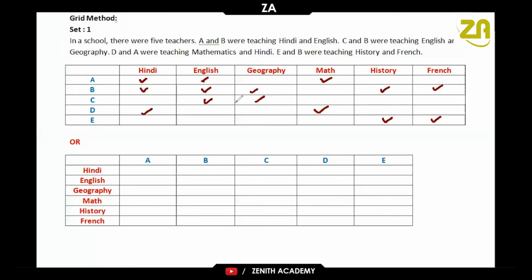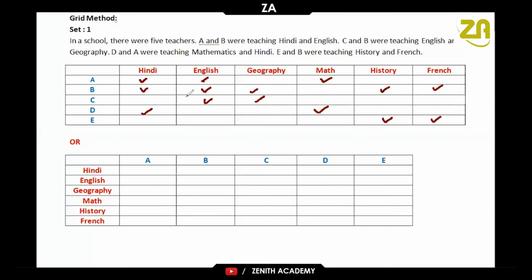C is teaching only 1, 2. D is teaching 1, 2. E is teaching 1, 2. So maximum number of subjects B is teaching. So this way you can answer all the possible questions, and not only faster, even with 100% accuracy.